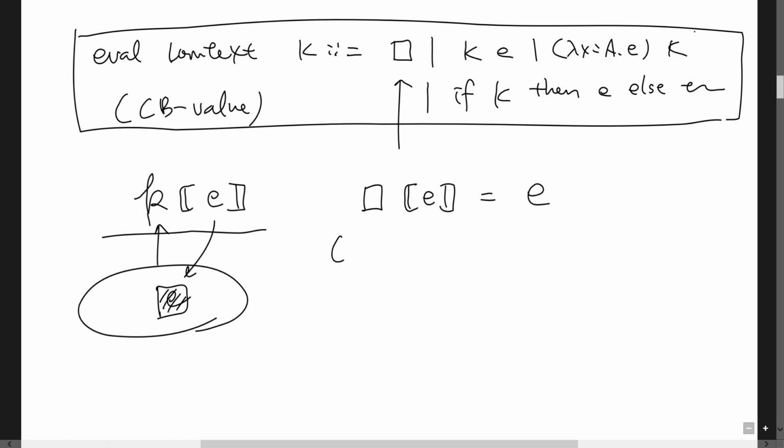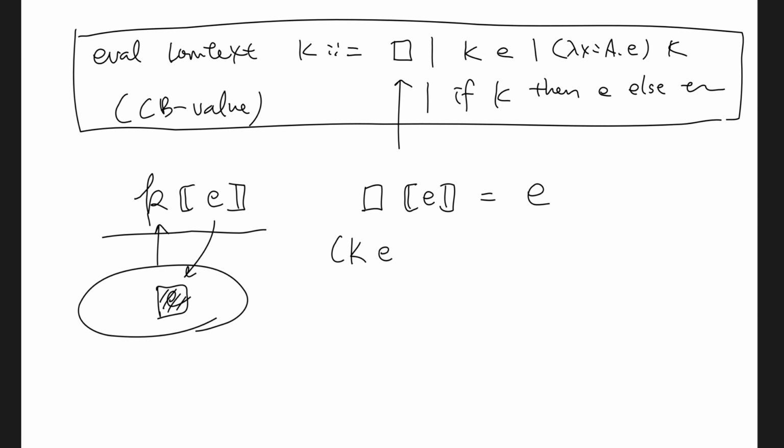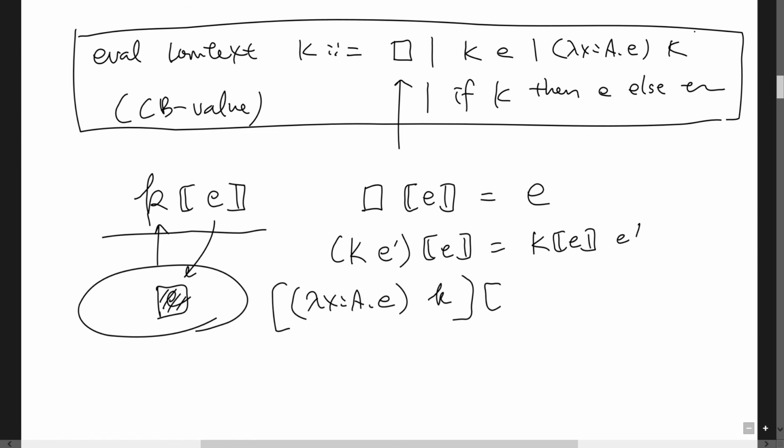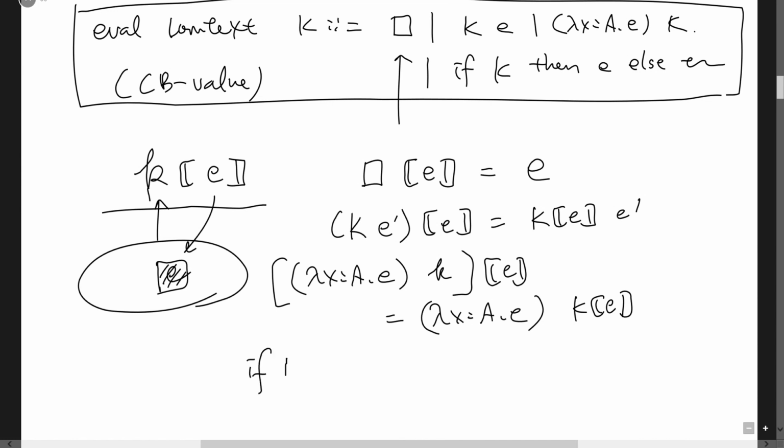And what about kappa E? Let's say this is E prime. And of course this is inductive, E prime. And lambda x A dot E applied to value kappa applied to hole E. And of course this is also inductive, applied to kappa E. And similarly, if kappa then E1 else E2.